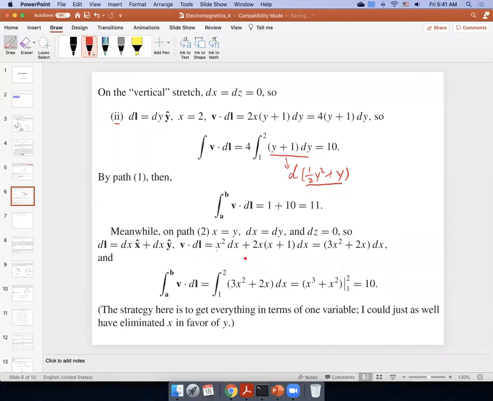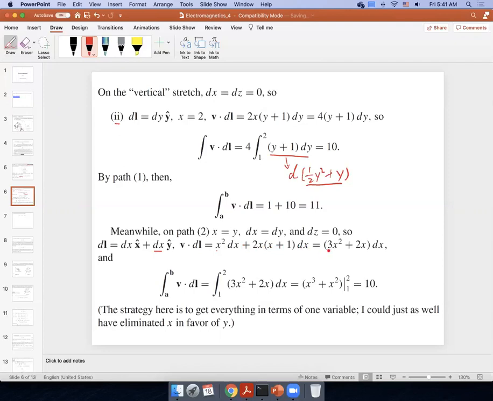And then notice that because x equals y, dx equals dy. You can substitute dy here to be dx. That's the trick. So now in the v dot dl function, you have only dx. There's no y or dy anymore. So that's the way to calculate such a line integral.